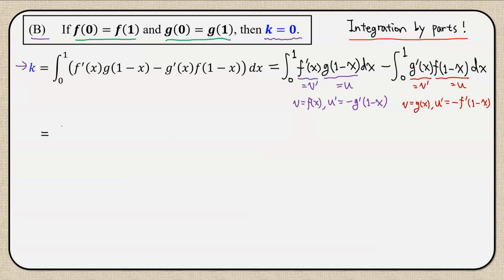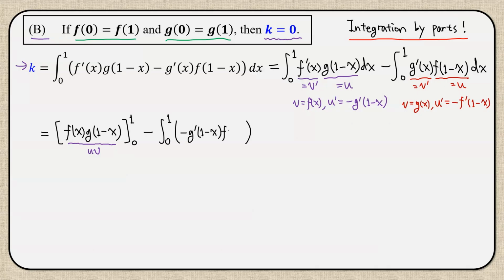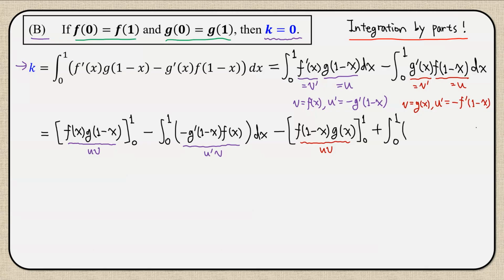Therefore, the first integral becomes uv, hence f(x)g(1-x), minus u'v, hence the integral of minus g'(1-x)f(x) dx. Then as for the second integral, first we have minus uv, hence f(1-x)g(x). Then we have plus u'v, so the integral of minus f'(1-x)g(x) dx.